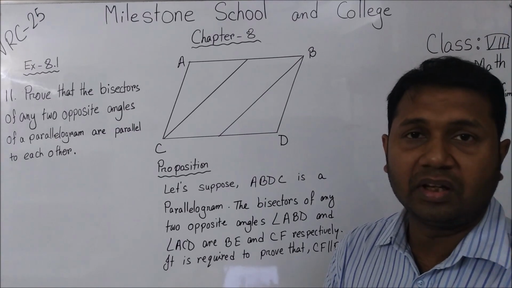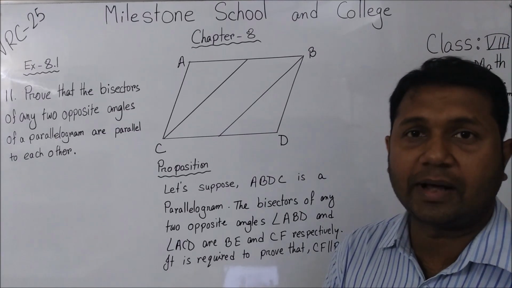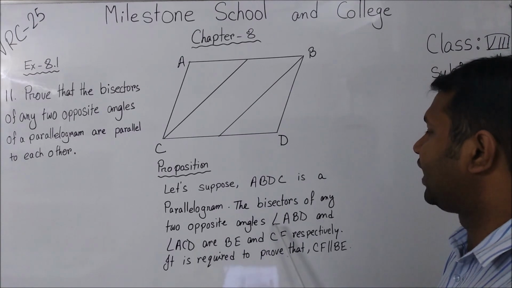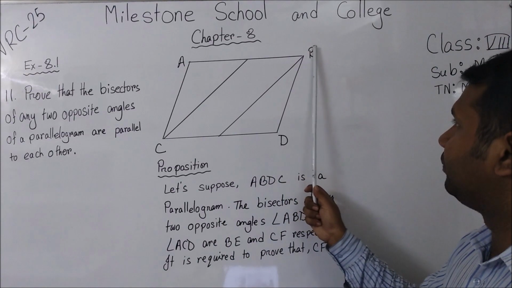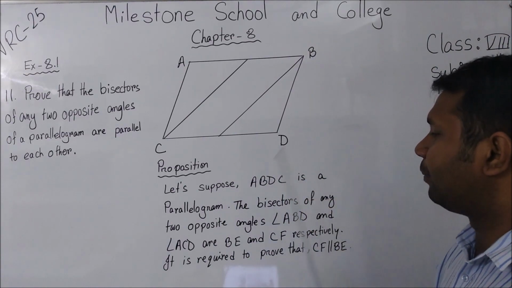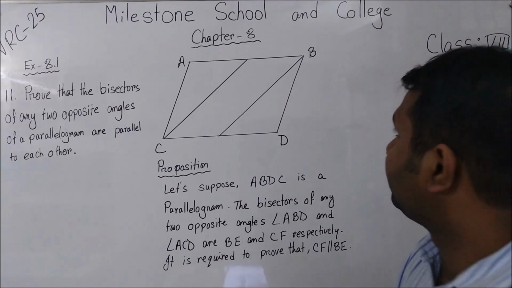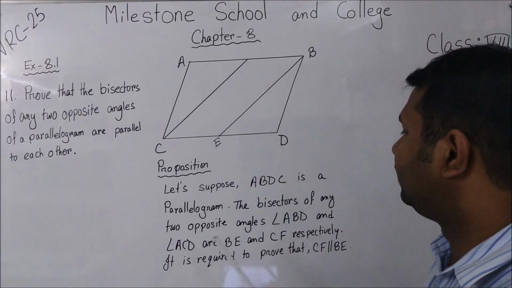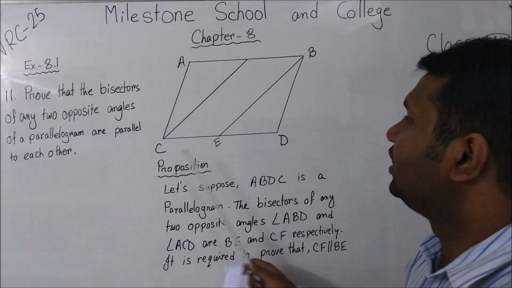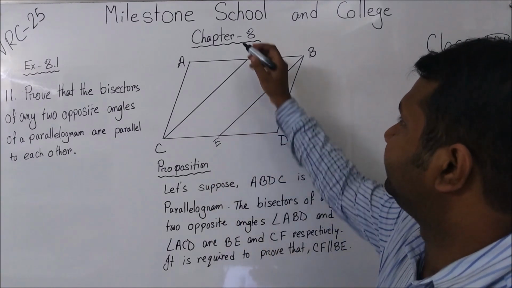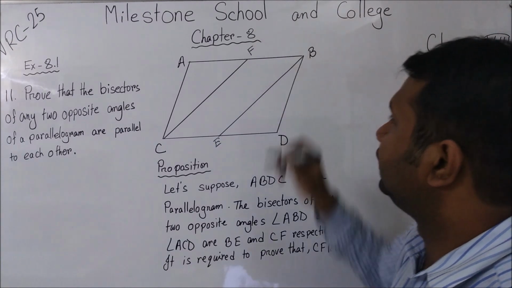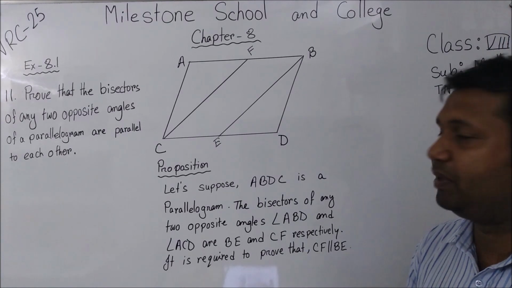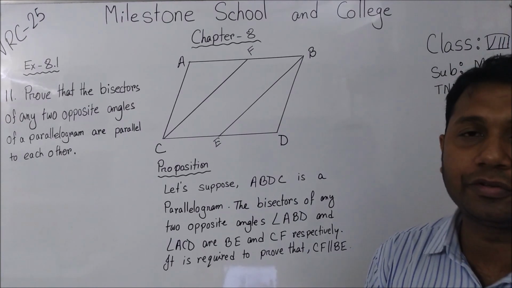ABDC is the parallelogram where the bisectors of the opposite angles ABD and ACD are BE and CF. So we have to prove that CF is parallel to BE.